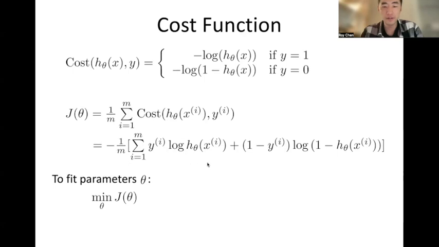The intuition behind it is very simple. Let me explain. If you look at the first term here, the y times the log of h theta xi, what this means is that for classes that are positive, so basically y equals 1, we want to make sure the prediction is as close to 1 as possible.